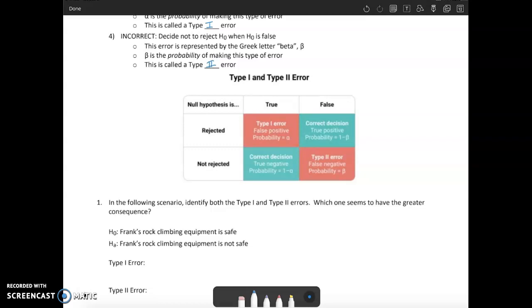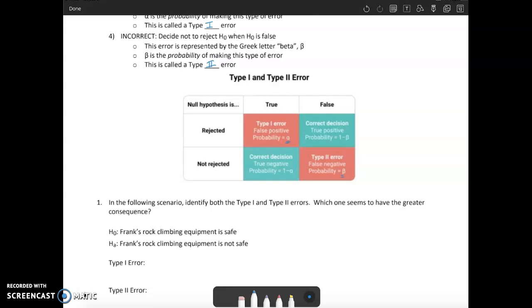That is a type 1 error. That is our alpha. If it's true and we don't reject it, that's a good outcome. That's a correct outcome. If the null is false and we reject it, that's also correct. But if the null is false and we do not reject it, that's that type 2 error with a probability of beta.